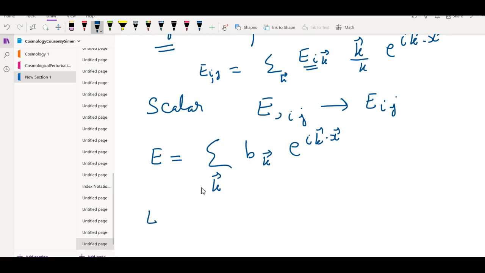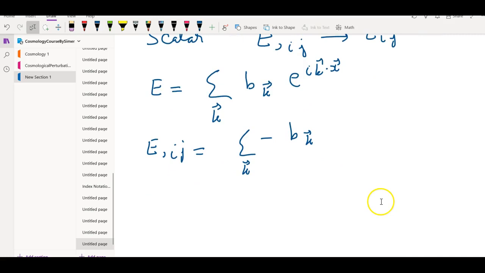When you differentiate this twice, I will get iota square, minus 1, ki kj.